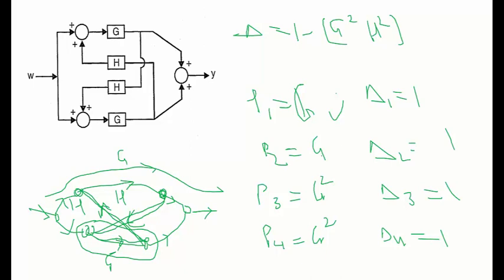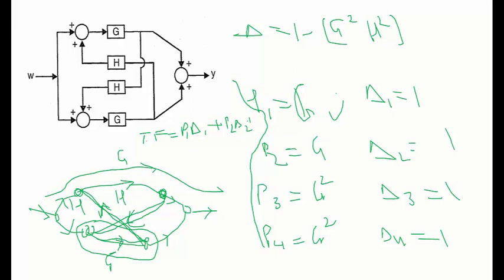Now if you substitute this into Mason's gain formula, the transfer function is P1 delta 1 plus P2 delta 2, up till P4 delta 4.